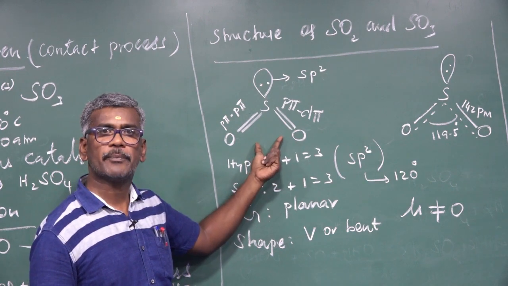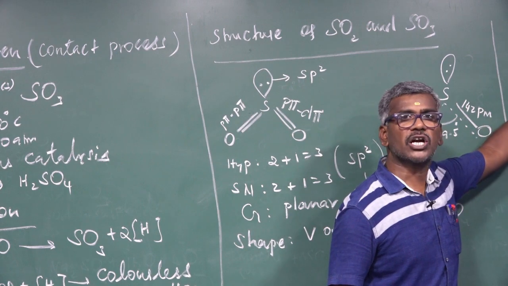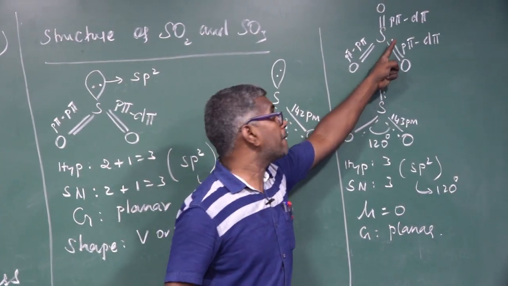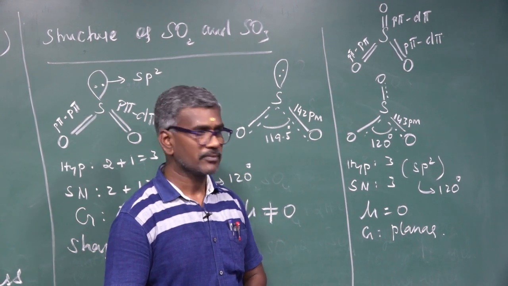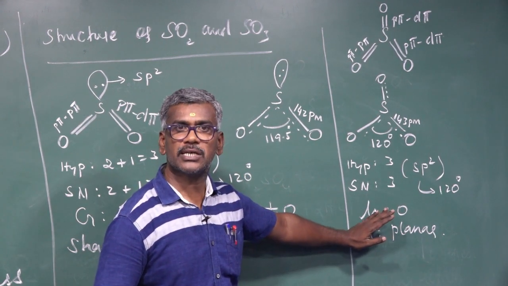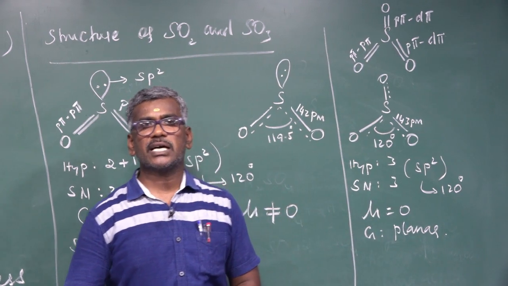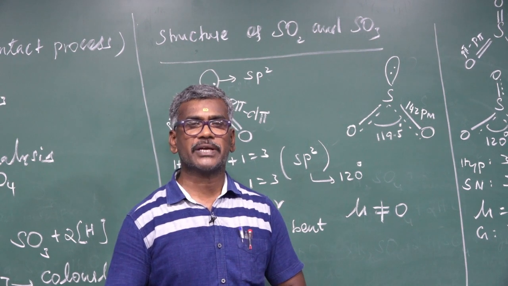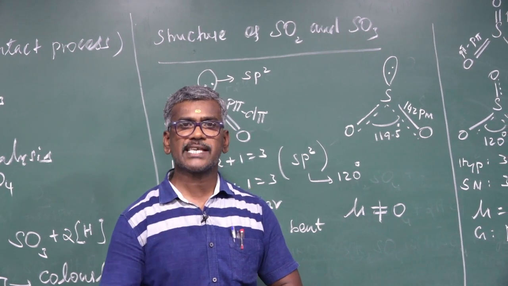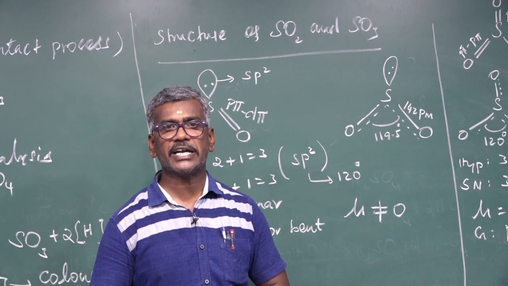SO2 molecule forms only one p pi d pi bond. SO3 molecule forms 2 p pi d pi bonds. This type of question may be asked in NEET. Except oxygen, the remaining elements have vacant d orbitals because oxygen has a smaller size, high electronegativity, high ionization energy, and absence of d orbitals.